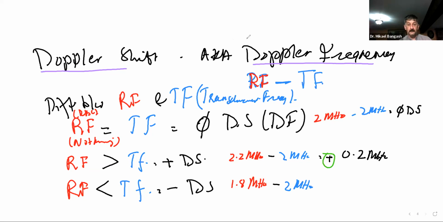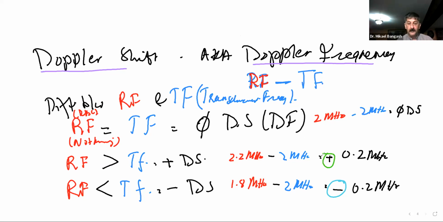The difference between the money you had in the bank and the money you spent was $200. But because you only had $1,800 and spent $2,000, your bank balance is now going to be negative. So you have a negative Doppler shift.